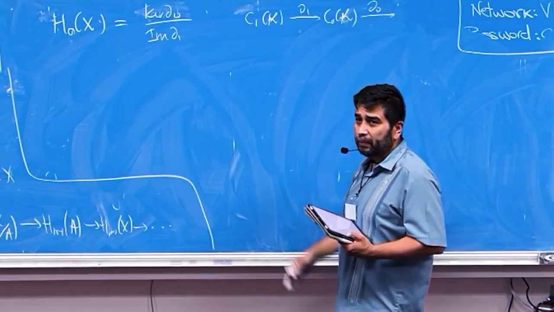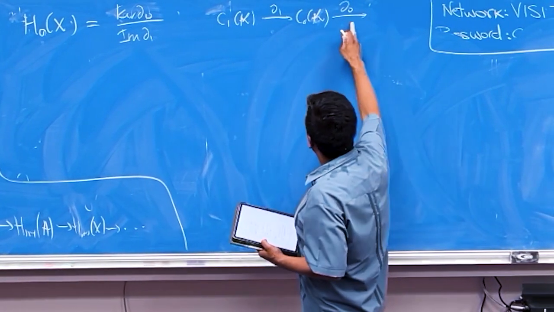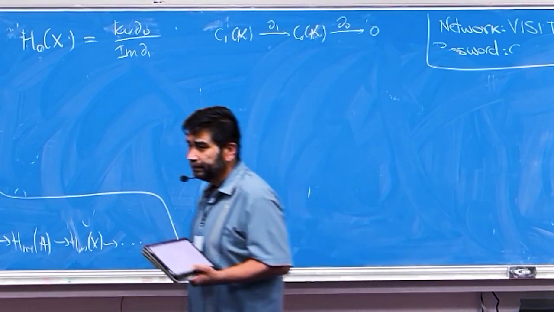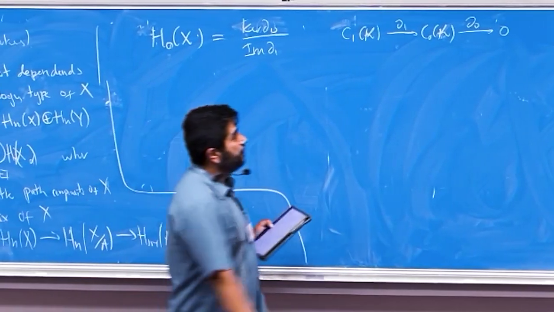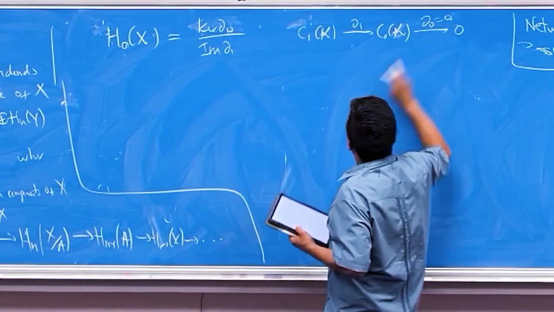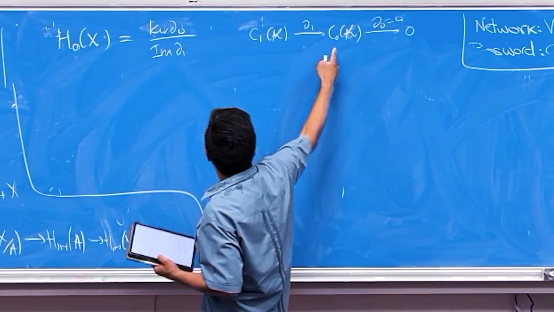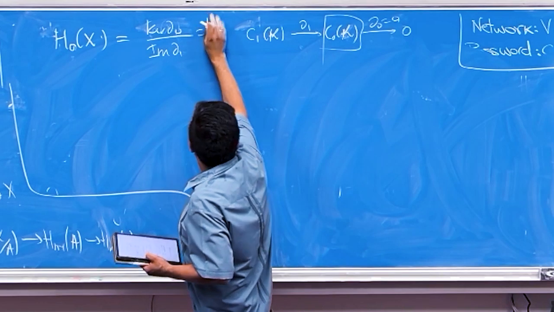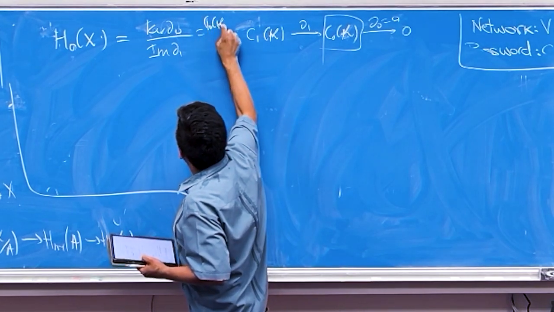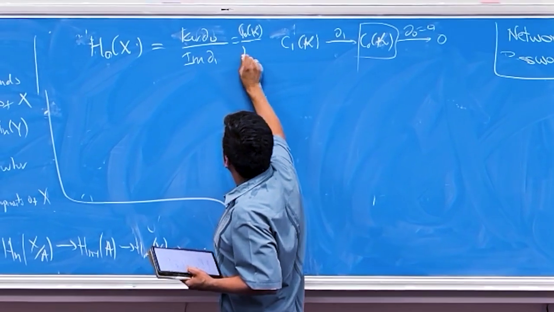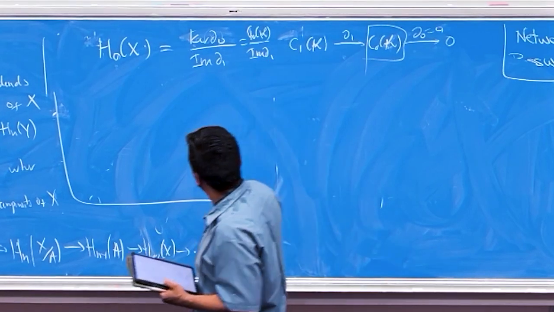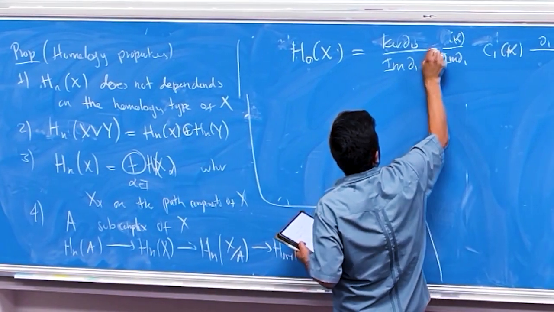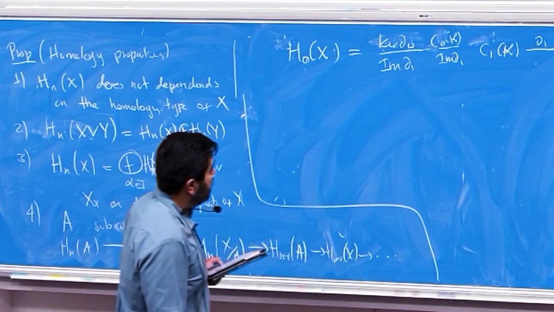So this one is actually defined just as the 0 map. Everything is being mapped to 0, so the kernel is actually the whole group. And so this is C0 of K divided by the image of delta 1.